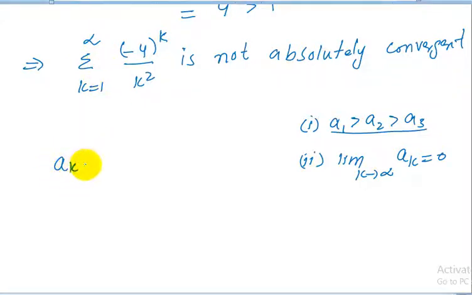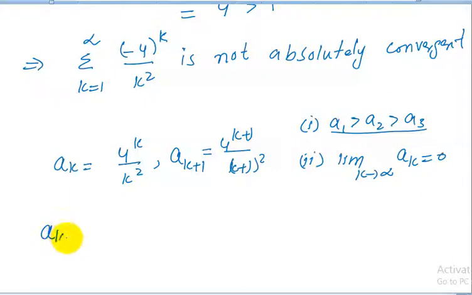Now here a_k is equal to 4^k upon k square, and a_(k+1) is equal to 4^(k+1) upon (k+1) whole square.